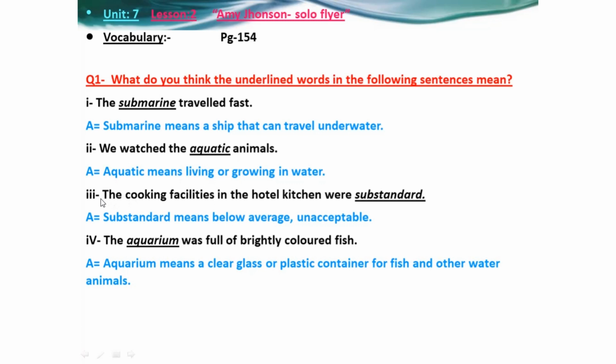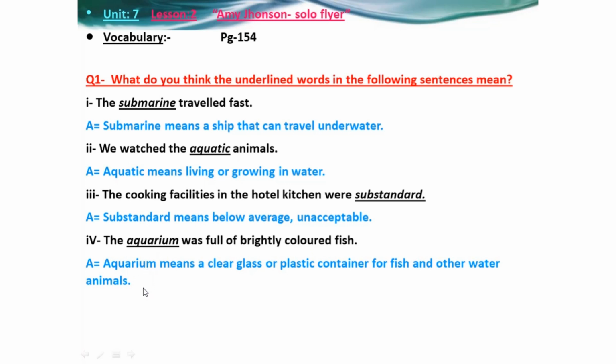Question number 3. The cooking facilities in the hotel kitchen were substandard. What is underlined? Substandard. So the meaning of substandard, students, we will write the answer. Substandard means below average, unacceptable. Question number 4. The aquarium was full of brightly colored fish. Aquarium is underlined, and what answer are we going to write for that?